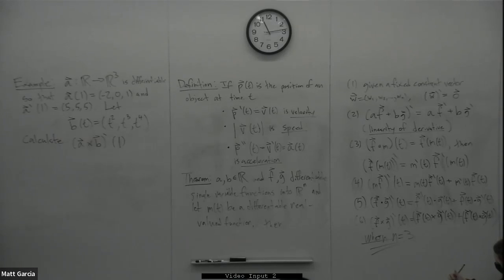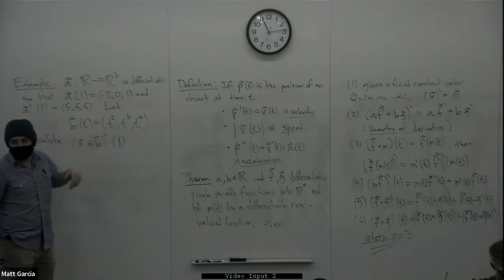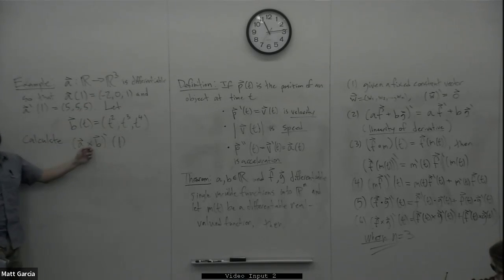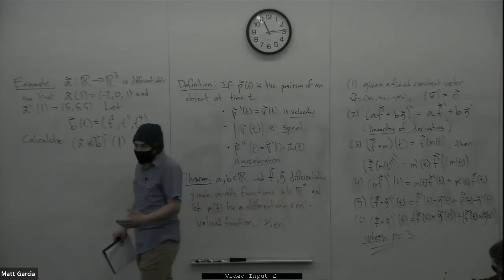So how do we proceed? Well, first thing to notice is that we know that a goes into R3, and just by the way that b is written, it also goes into R3. So this is well defined. At least we know we can actually apply the product rule for the cross product.